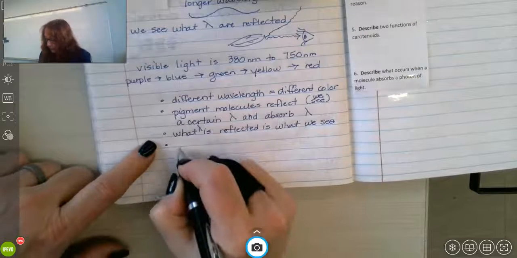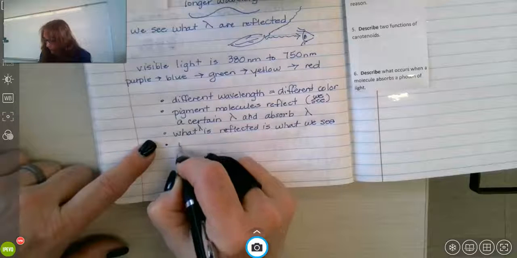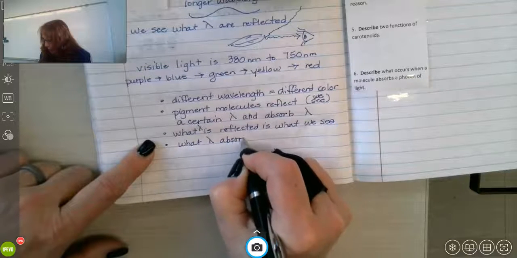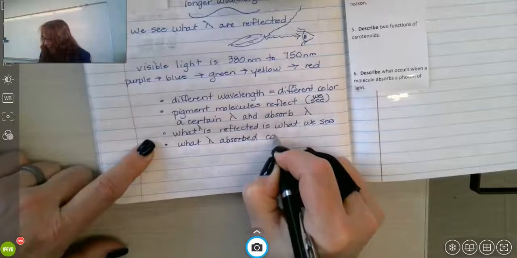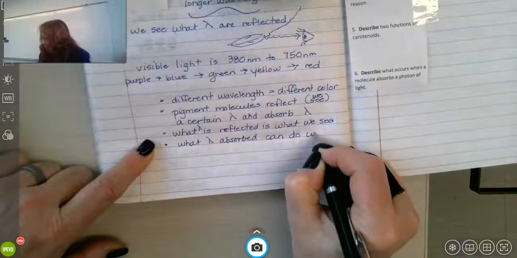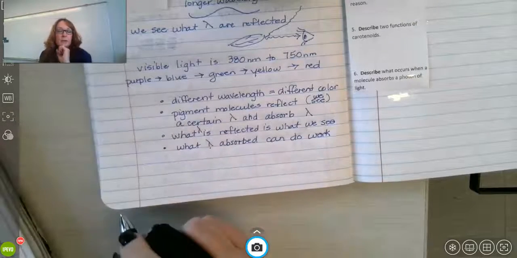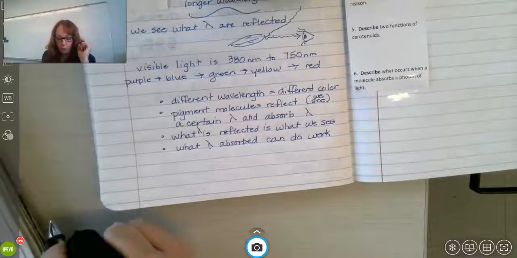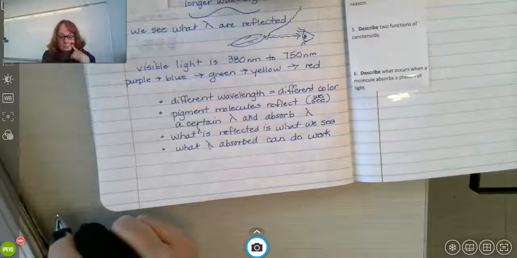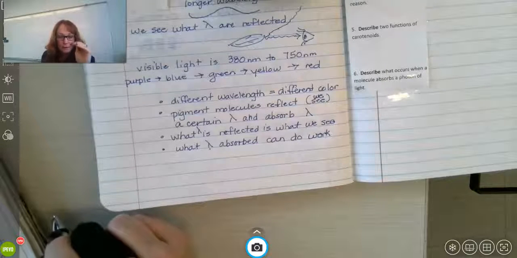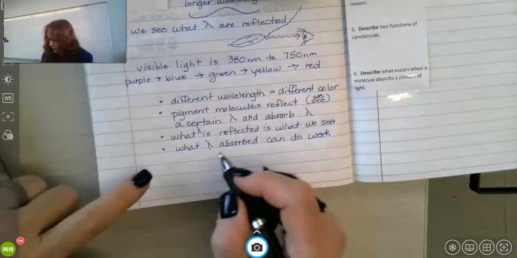And what's absorbed, so the wavelengths that are absorbed, can do work, because wavelengths have energy. Energy can do work. So now they ask me, not the big story of the world, but like I asked you why leaves are green. Okay, let me answer the question.